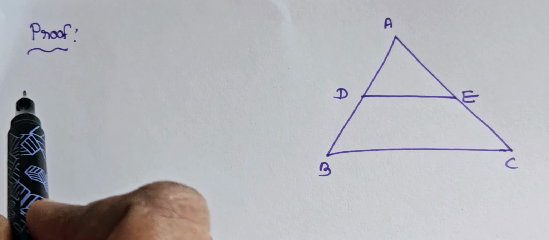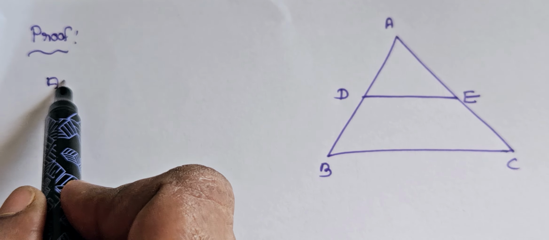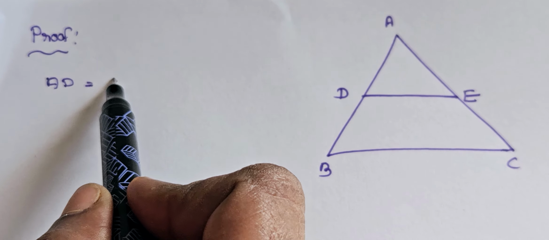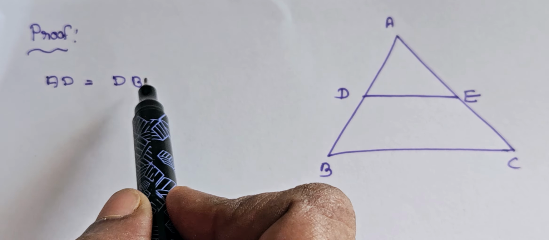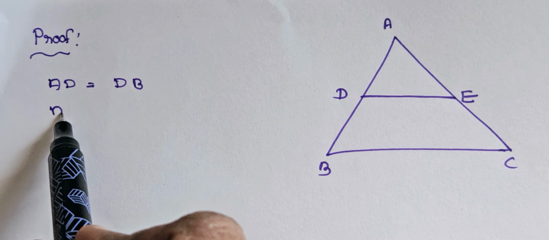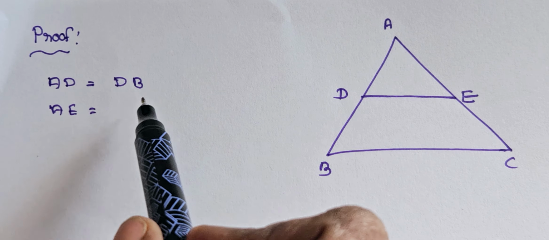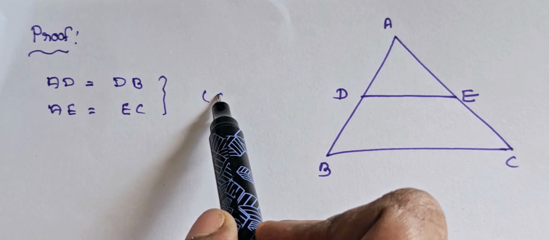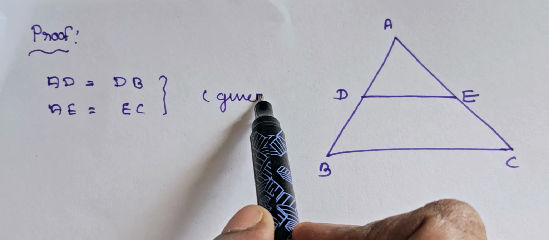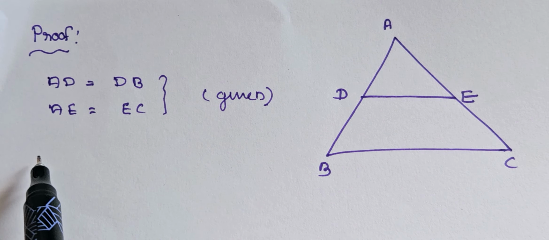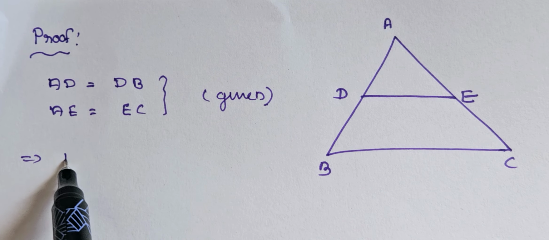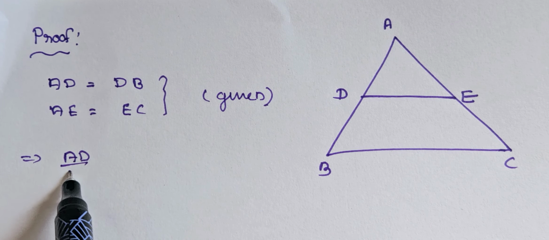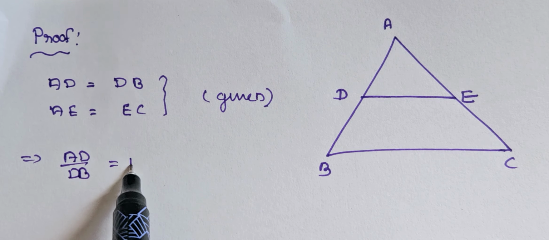Proof: we have AD equal to DB, reason given, isn't it? Similarly, AE equal to EC. For both these, reason given. We have given that D and E are midpoints. From this we get AD equal to DB means AD by DB equal to 1.